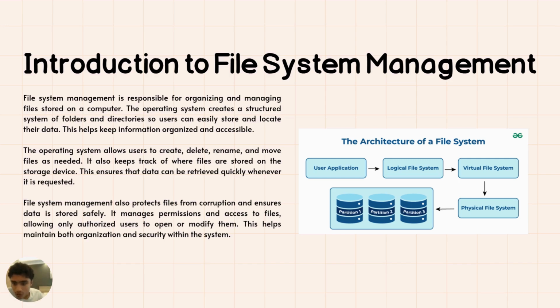The file system management also plays an important role in security and data protection. It controls the file permissions. It ensures that only authorized users are able to view and access the files. It also gives authorized users permission to edit and modify those exact same files.